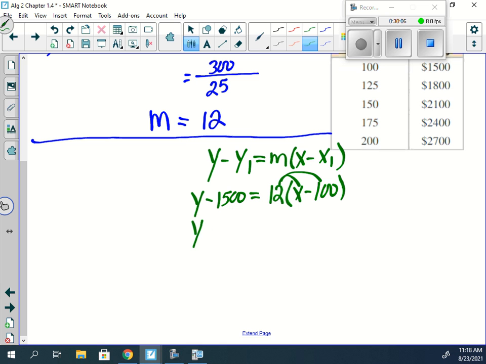So the first thing we need to do is to distribute the 12, because we need this in y equals mx plus b form. In point slope form, it doesn't help us too much when trying to compare two lines. Now 12 times x will be 12x. 12 times negative 100 is negative.